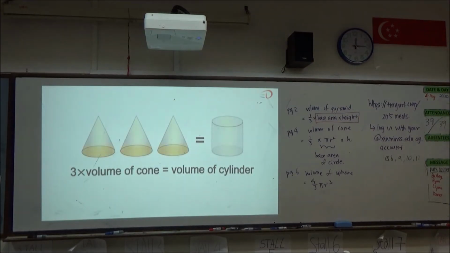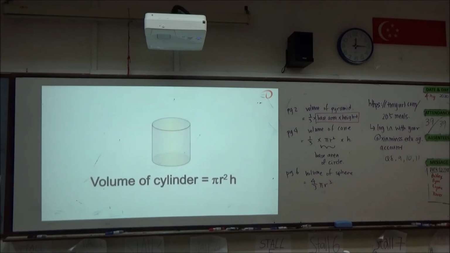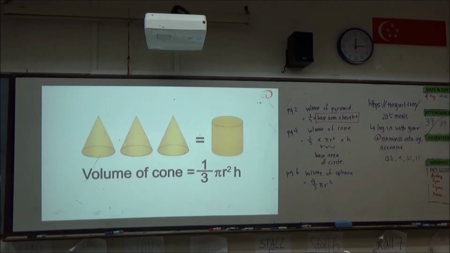The volume of 3 cones is equal to the volume of 1 cylinder. Remember, the volume of a cylinder is pi r square h. Therefore, the volume of the cone equals 1/3 pi r square h.